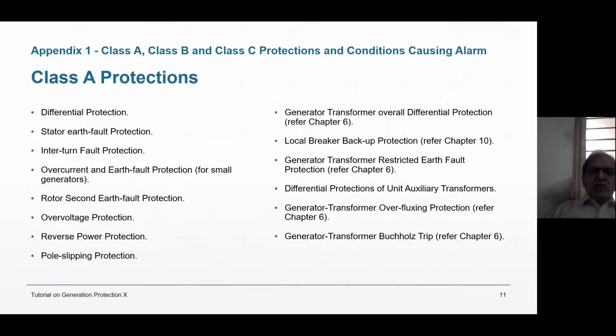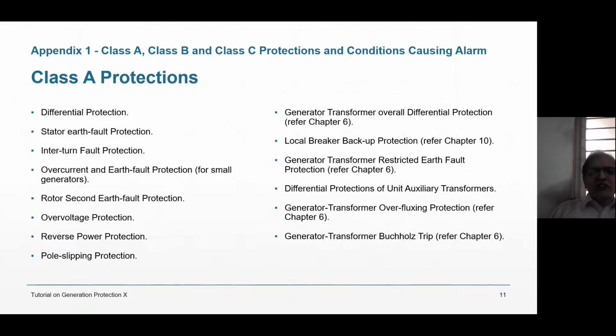And I am particular to show this because, you see, not only electrical reasons, electrical causes, electrical relay operation, but also certain mechanical things will initiate class A protection.